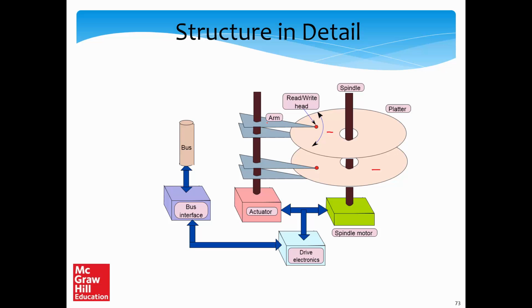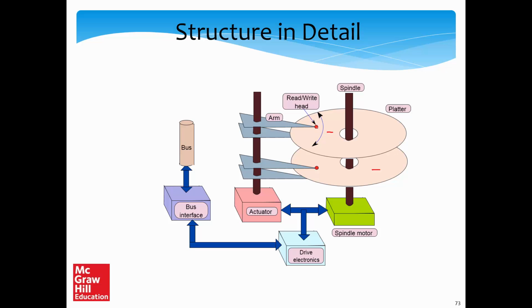For each recording surface, we have one more spindle over here with the arms, and there is a read-write head at the bottom of each arm. So it can either read by sensing the changes in the magnetic field, or it can write by basically inducing a magnetic field such that the magnets orient themselves the way that we want them to be oriented in response to an external field. So basically for each recording surface we have one head.